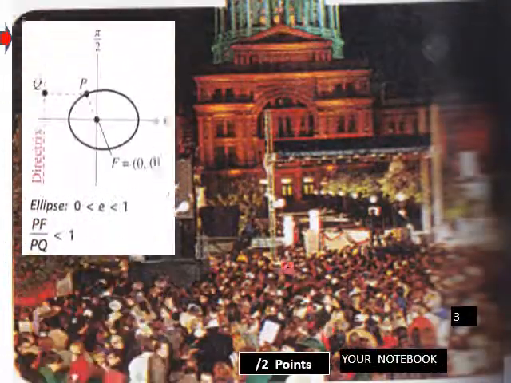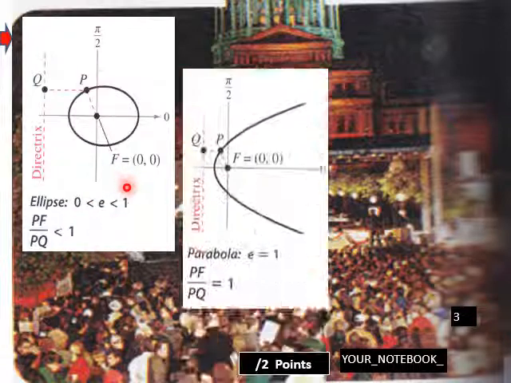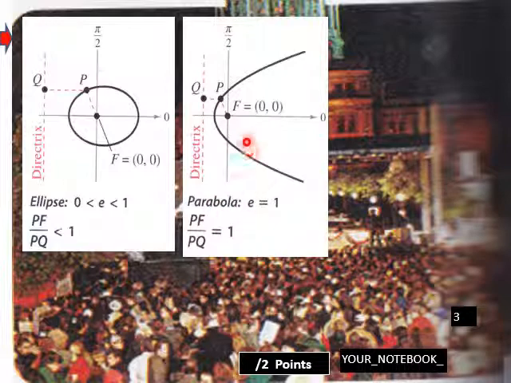In this situation, we have an ellipse, where 0 is less than E less than 1: PF over PQ is less than 1, then we have an ellipse. For a parabola, E equals 1.